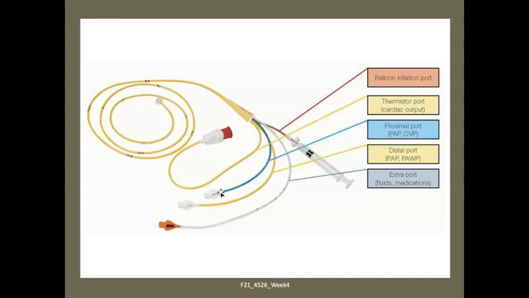That gives you an understanding of whether the patient's dehydrated or not, or what their blood volume is like, because it's measuring the venous return coming back into the heart. And your distal port, which is at the end over here, is going to be measuring the left ventricular and the pulmonary system. And then other ports can give fluids and medication.